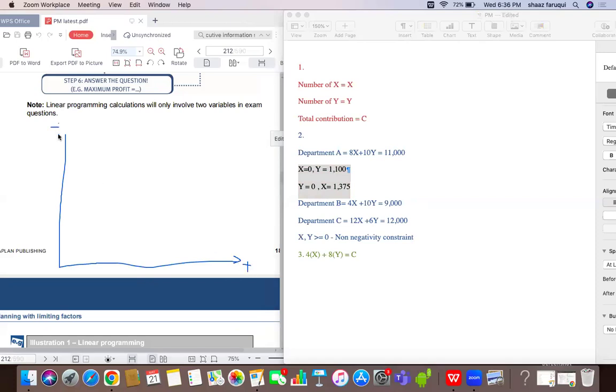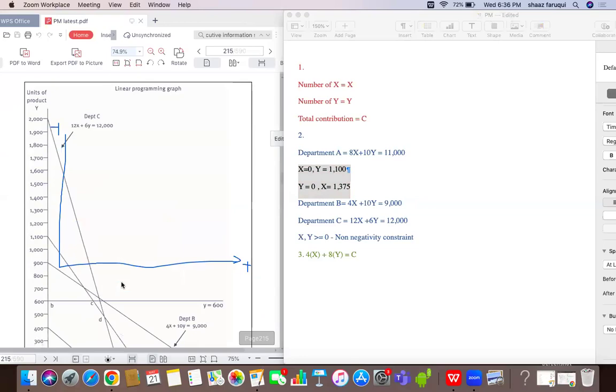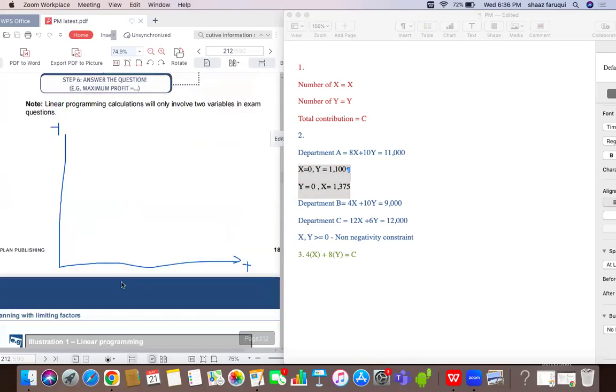This is the y-axis, so let this be the number of y's. Let me see if that is the same in the textbook also, so that it will be easier. Yeah, it is the same. All right. Now, assume this. Again, this is what, 1,000, 2,000. So let me put it this way. Let this point be 1,000. Okay.